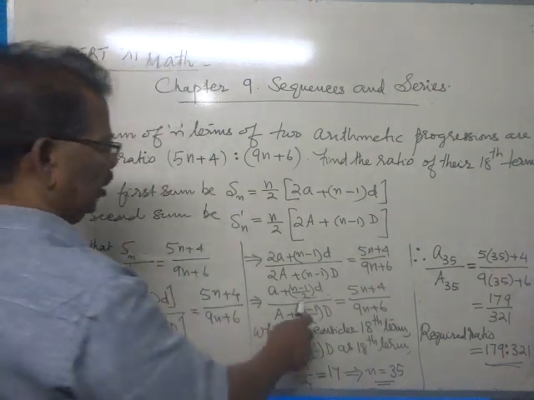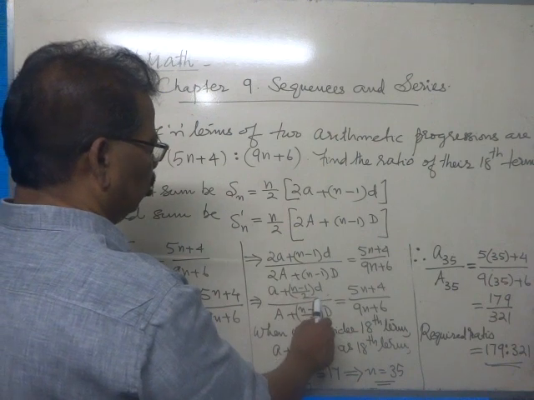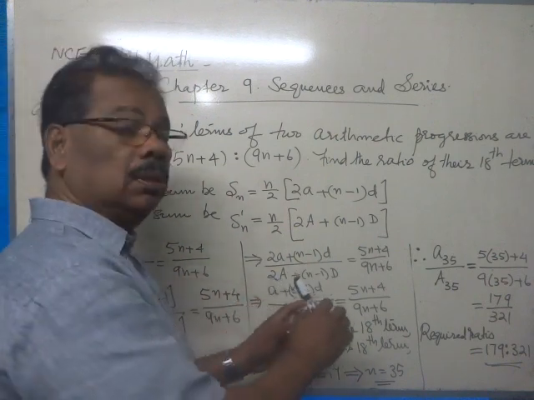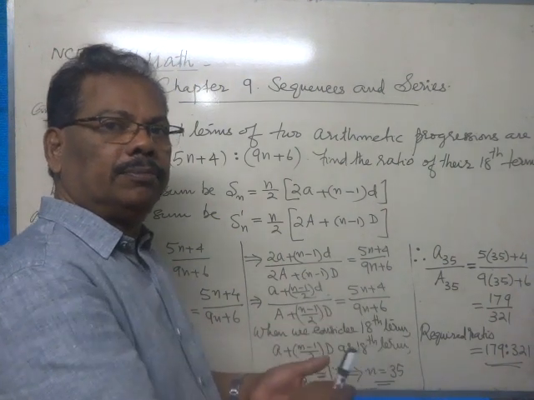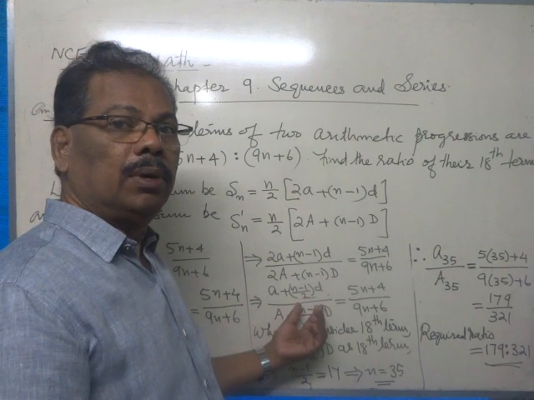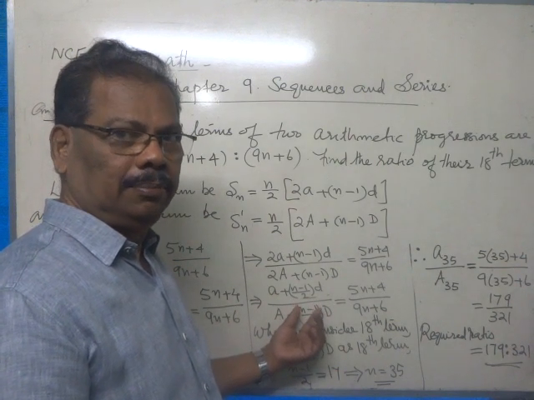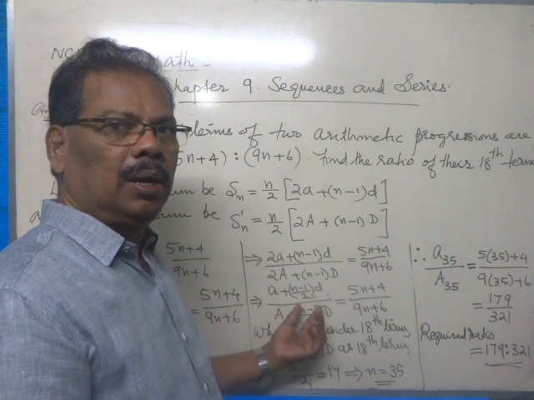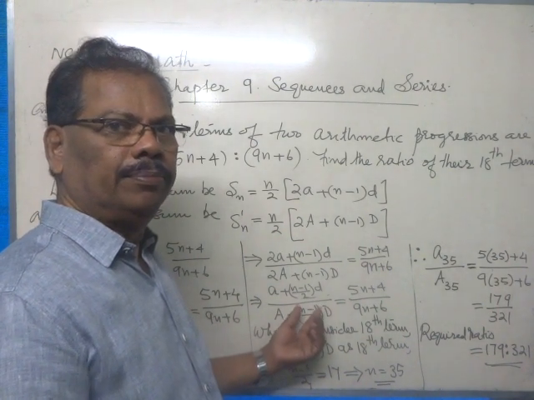Now consider the term a plus (n minus 1) by 2 d. A plus some d. A plus 5d will be the 6th term. A plus 10d will be the 11th term.